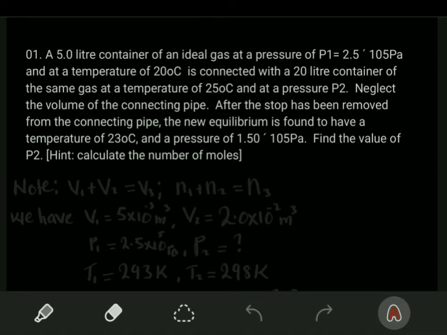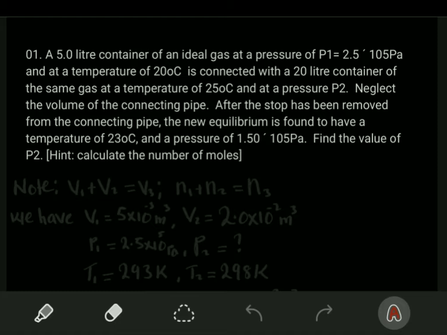So if we consider volume 1 to be V1 and volume 2 to be V2, the sum of these gives us V3, which is the volume after combining the two gases and after they have achieved equilibrium. We do the same for the number of moles.